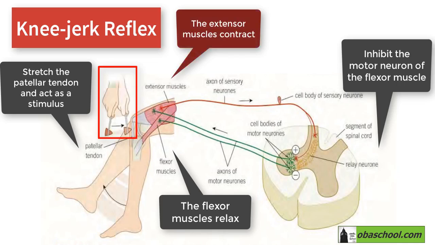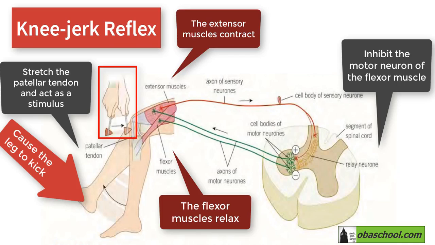This contraction, coordinated with the relaxation of the antagonistic flexor hamstring muscle, causes the leg to kick. After the tap of a hammer, the leg is normally extended once and comes to rest.